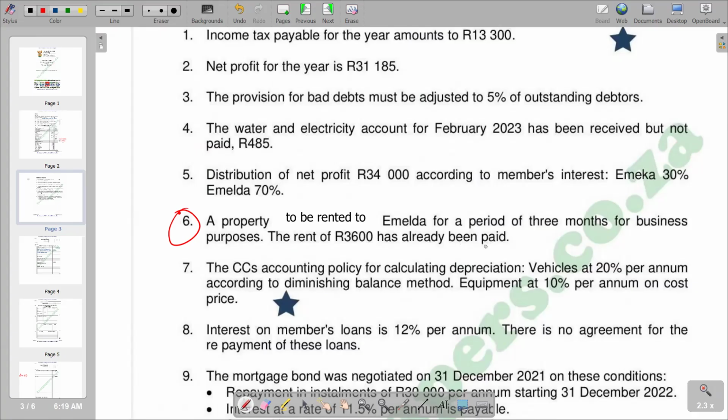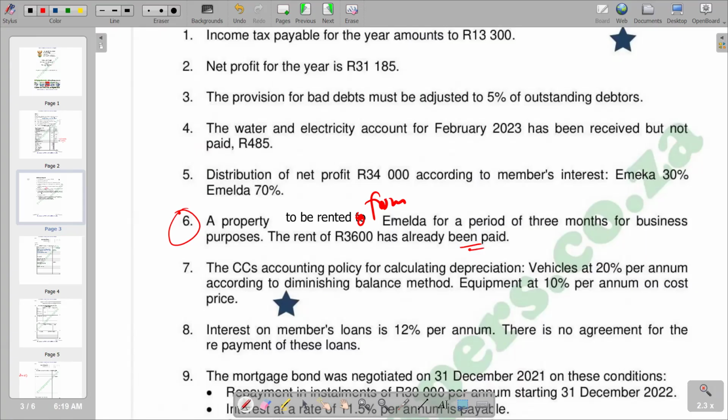So remember, it's a property which needs to be rented from a landlord for a period of 3 months for business purposes. The rent of 3,700 has already been paid. So it means we have already paid.